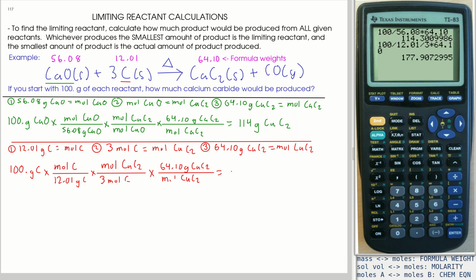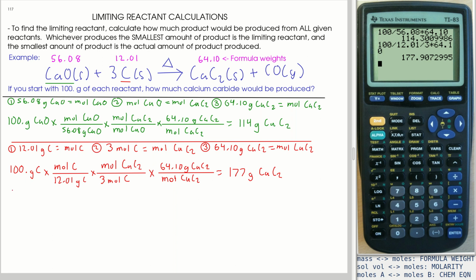And I get 177 grams of calcium carbide. So in other words, if I had used all of the grams of carbon, then I should be able to make 177 grams of calcium carbide.